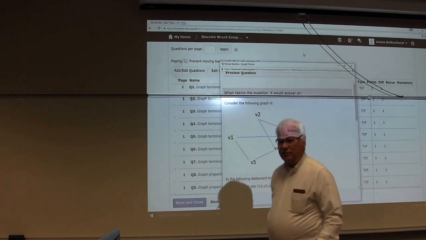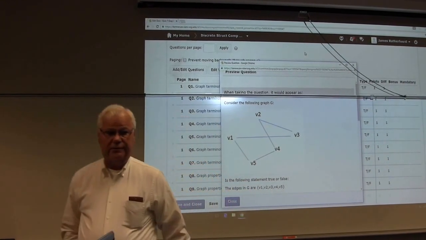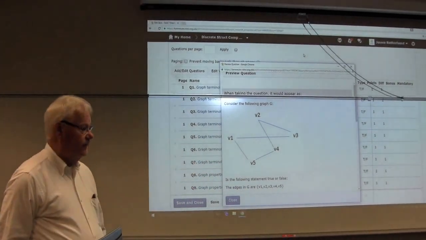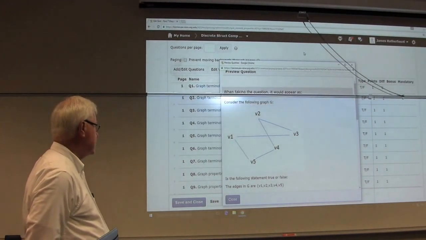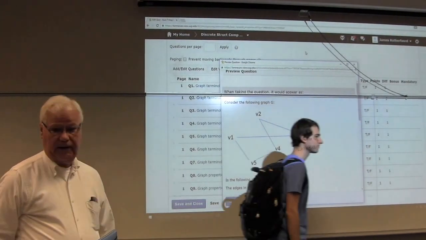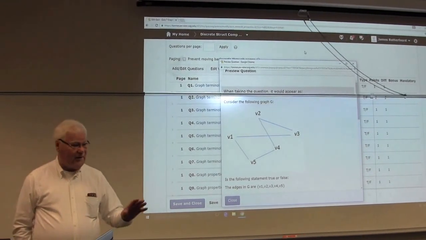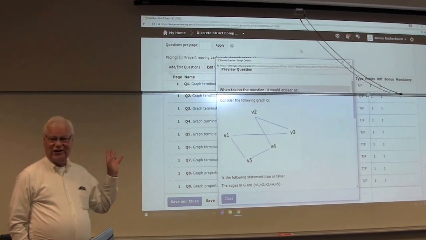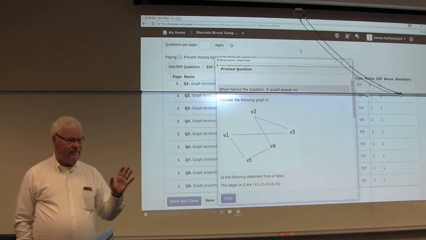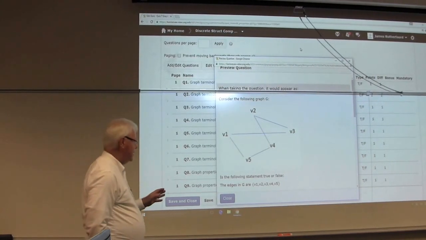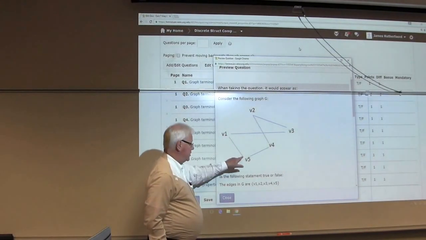Is that correct? Are those the edges? No, those are the vertices. Okay. And here's the clue. V stands for vertices. So, I don't mean to be demeaning, but these are vertices.